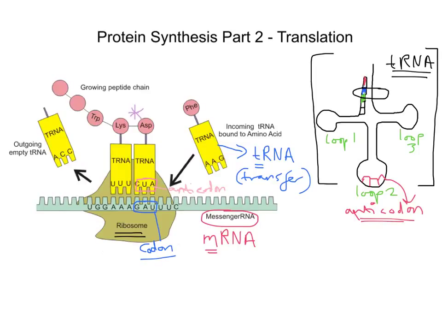Now you'll notice that I've drawn one end of the tRNA at the top slightly longer than the other. Now this bit here, just where I draw a sort of black circle, that part there is what's called the amino acid tRNA binding site.